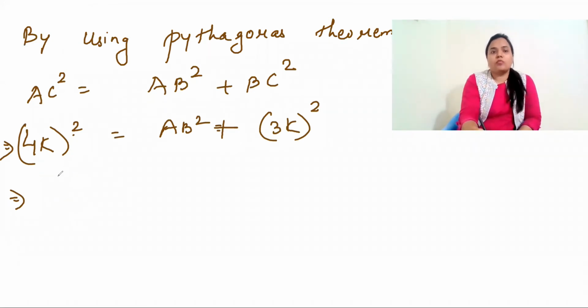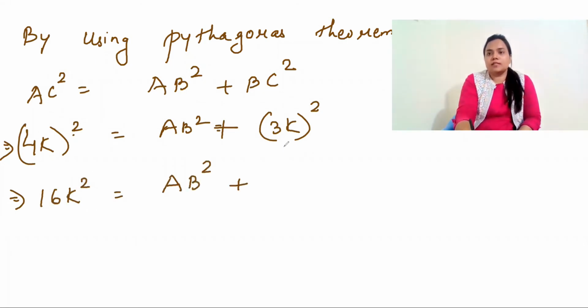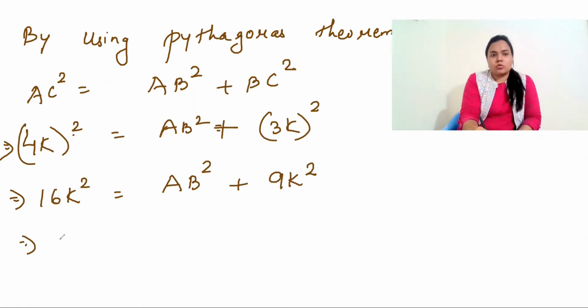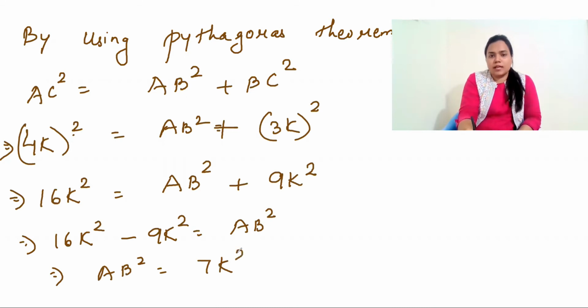So square of 4K is 16K square is equal to AB square plus same thing. Square of 3K will be 9K square. So 16K square minus 9K square is equal to AB square. So AB square is equal to 7K square.